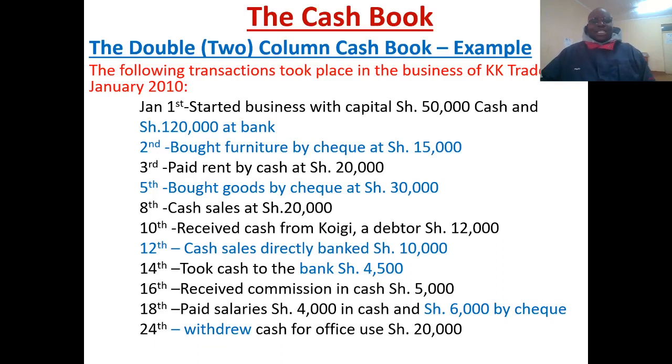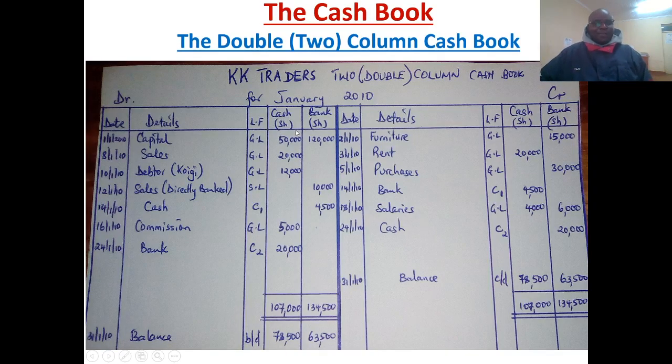Repeating the same transaction for KK traders, as we had said, the black items represent the cash account and the blue items represent the bank account. And these are the entries. Again, it's like bringing the cash book and the bank account together.